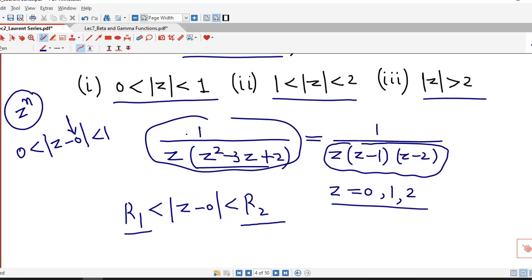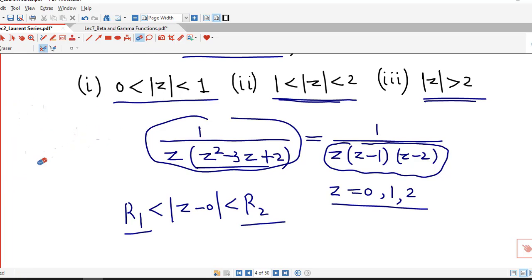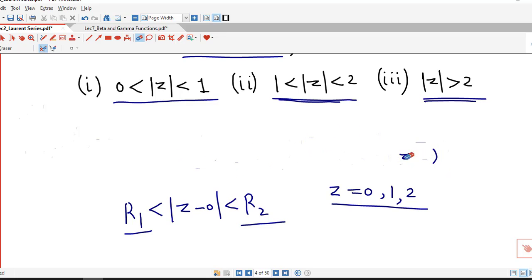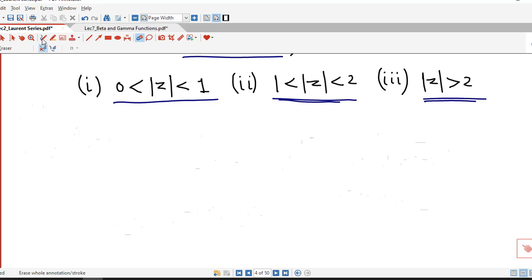If we compare the given regions, we can see that the center of the required Laurent series is 0. So we require annular domains of this type: r1 less than absolute value of z less than r2. Now the function is not analytic at these 3 points.